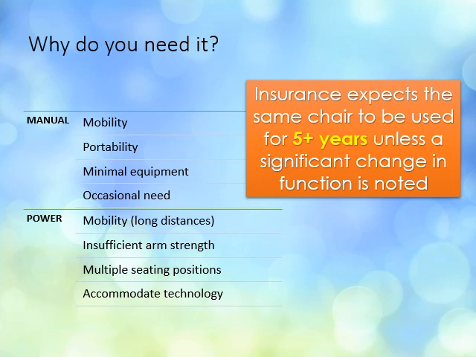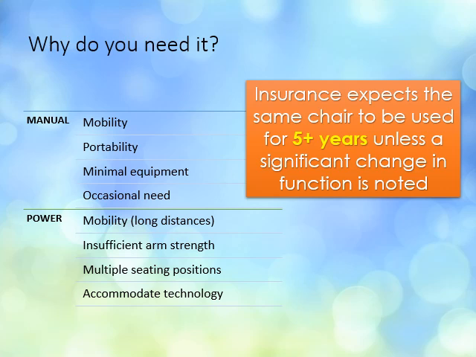In considering the wheelchair, it's very important to think about what kind of chair we are going to need. Is it going to be a manual chair or a power chair? The therapist also needs to think about the progression of the patient's condition. Are they stable? Is this a deteriorating condition?